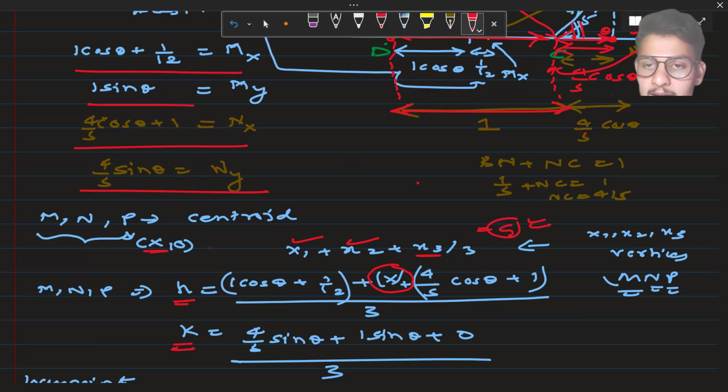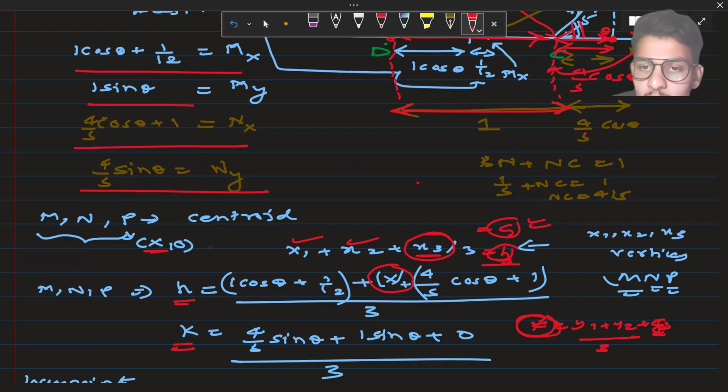It means that I need to satisfy the h and k. K becomes y1 plus y2 plus y3 over 3. This y3 is also given, that is 0 only. So I just need to find the h and k and put them into the locus to receive this x3.